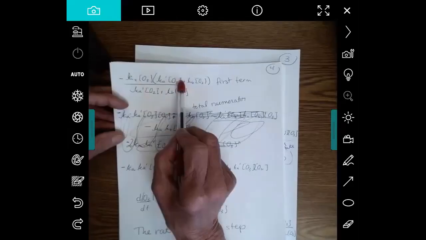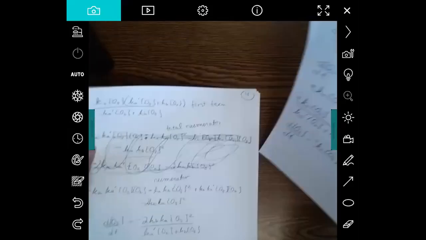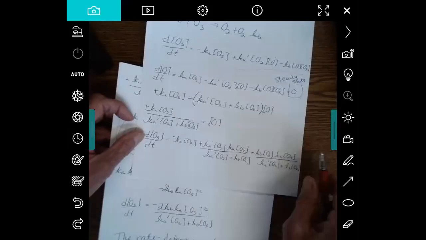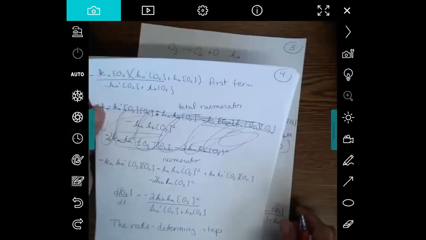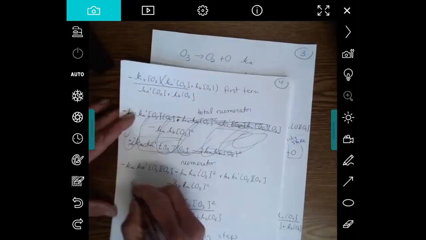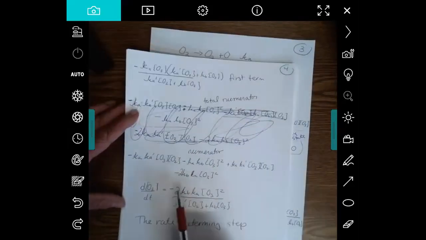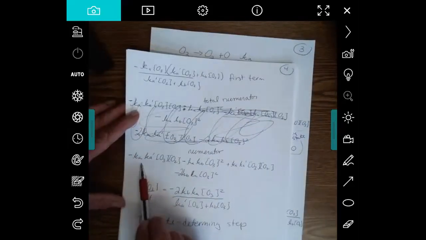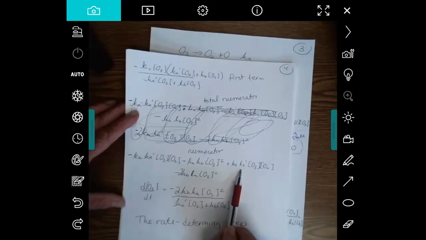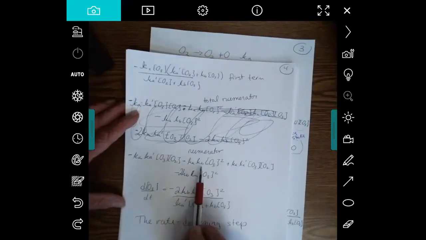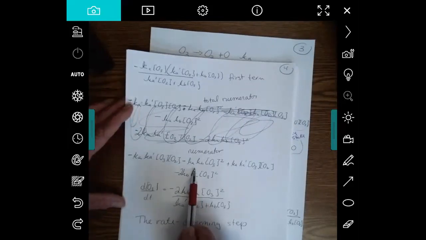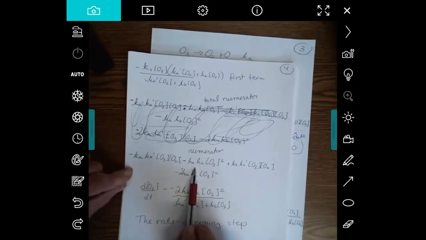So when I multiply this through, and I multiply each of these through in the numerator, I end up with this whole expression. And when I end up with that whole expression, I have a negative term and a positive term that are the same, so they can cancel. And I end up with, yeah, where did I?